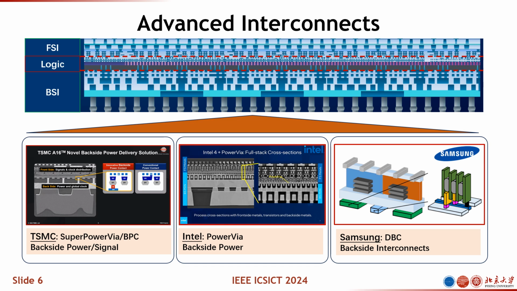And for the advanced interconnects, still those 3 big companies, TSMC, Intel, and Samsung, all have their own solutions to enable the backside interconnects: TSMC has the super power via with the backside contact, Intel is going to use the power via, and Samsung proposed a new idea of direct backside contact, or DBC.